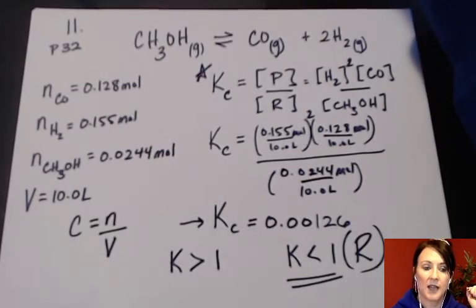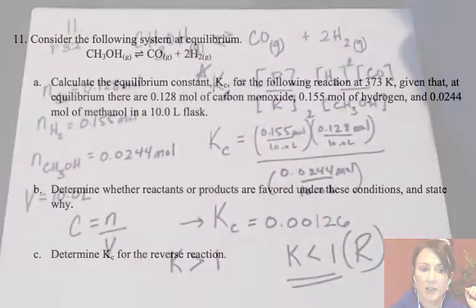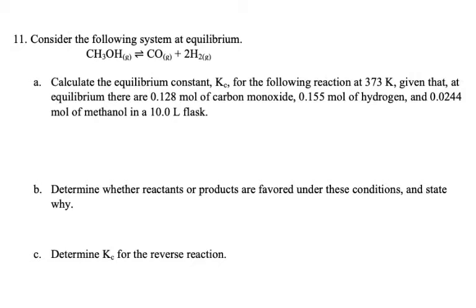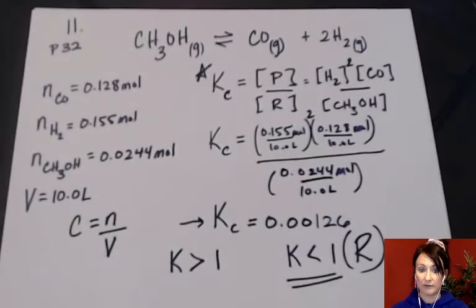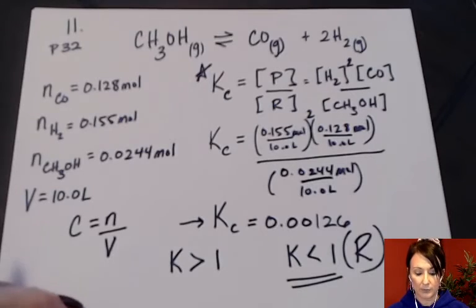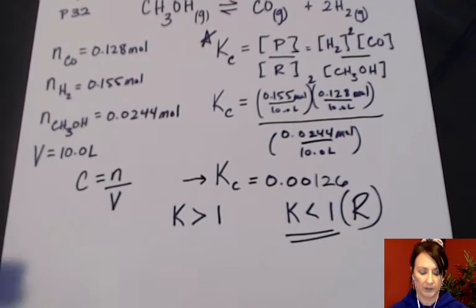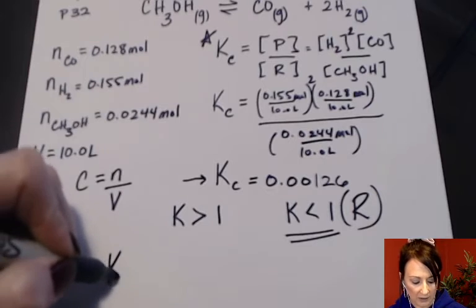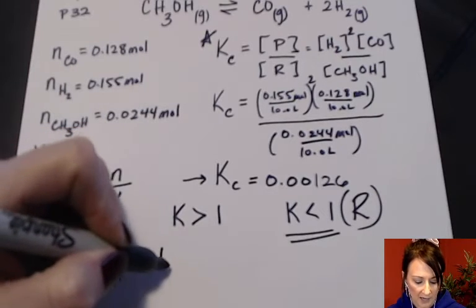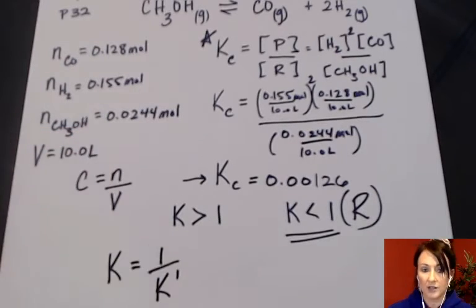All right, let's go to the last part. Part C of that question, what is Kc for the reverse reaction? K and K reverse are simply reciprocals of one another. So if I know my K value, my K prime is just the inverse.